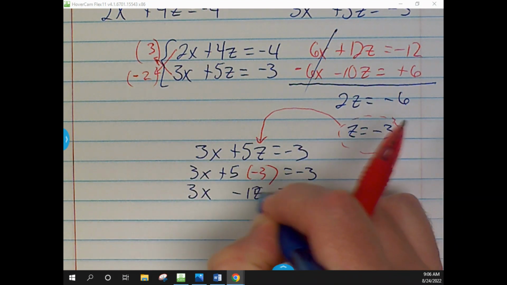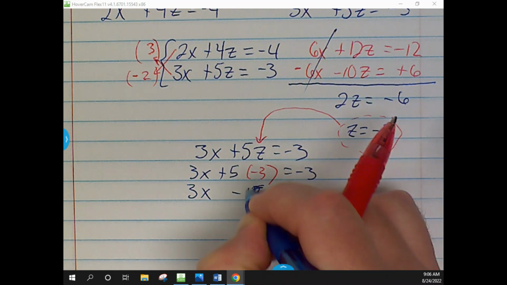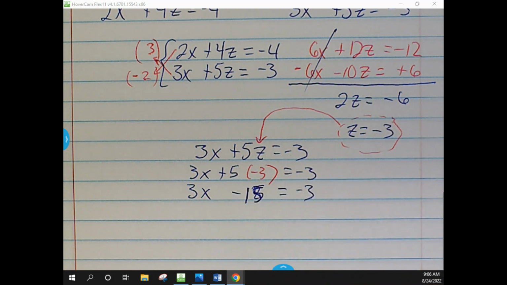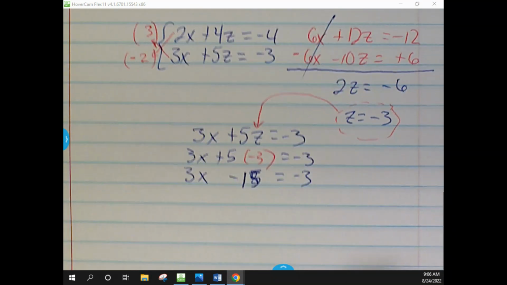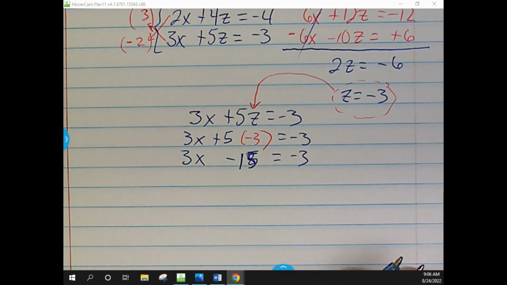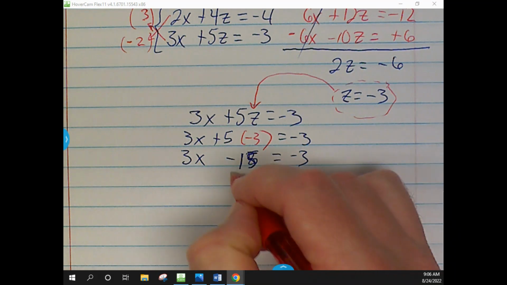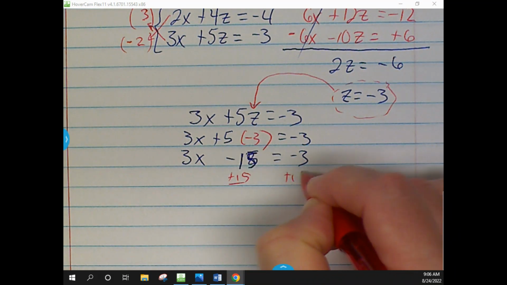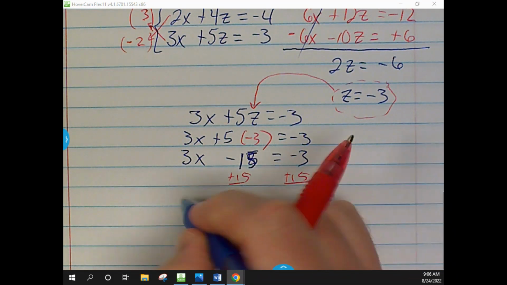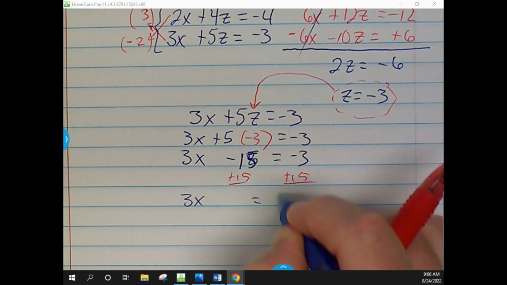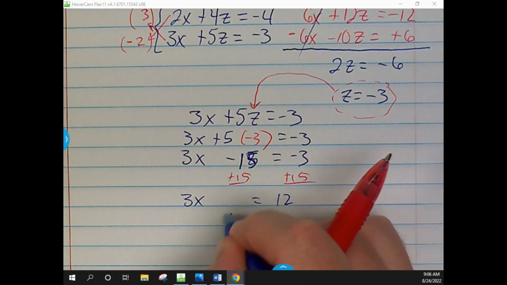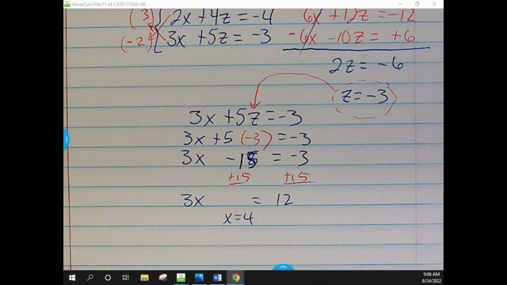Oh, sorry, that's 15. All right, so we've got 3x minus 15 equals -3. Add the 15 to both sides. So we've got 3x equals 12. Divide those two out, so now we've got x equals 4.